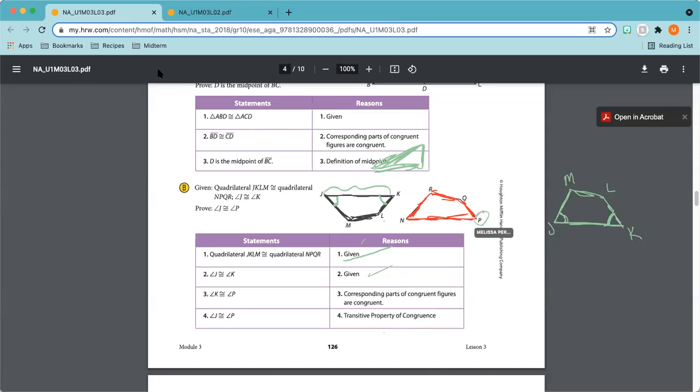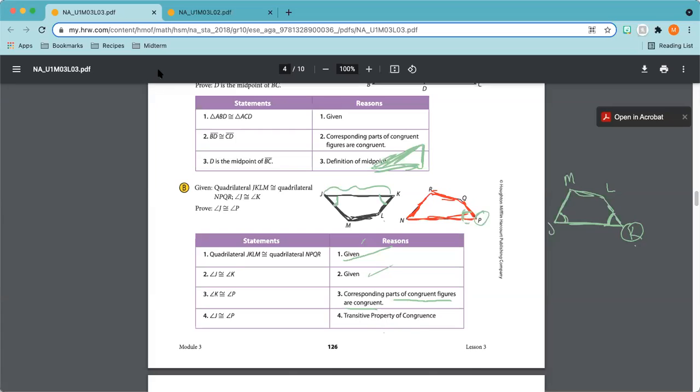Is this one in the same spot as that one? Yes. Because they're in the same spot, that makes them corresponding parts. Corresponding parts of congruent figures are congruent. So K and P are congruent because they line up in the same spot.